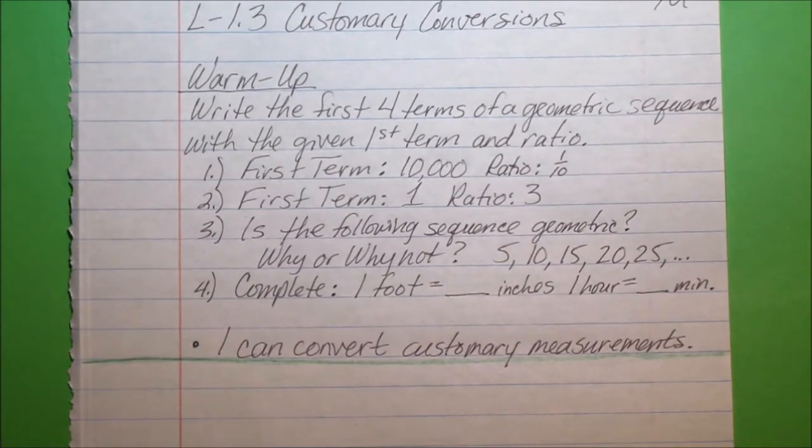And then I'm going to make some quick little notes to talk about, kind of turn my paper sideways, and in this little margin area, I'm going to make some notes about customary measurements.